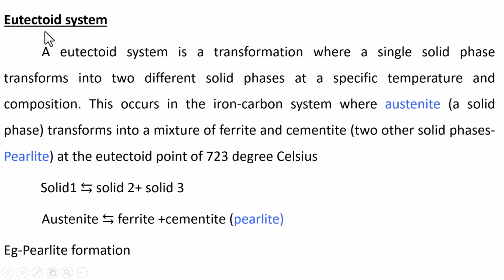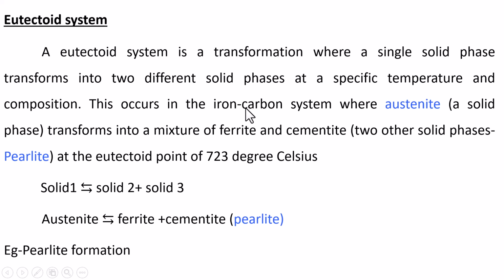Next is eutectoid system. A eutectoid system is a transformation where a single solid phase transforms into two different solid phases at a specific temperature and composition. In the eutectoid system, a solid phase on cooling transforms into two different solid phases.